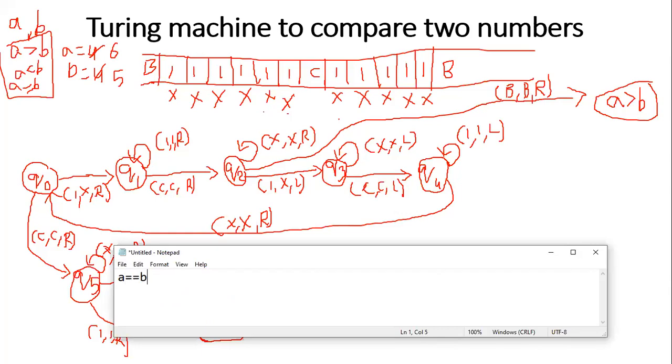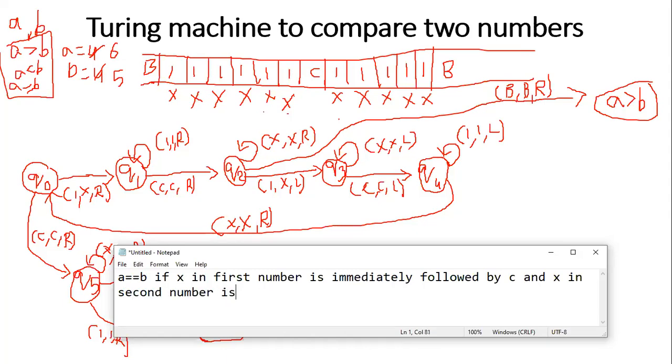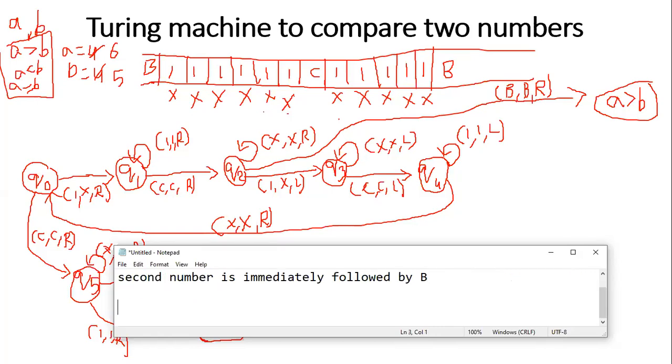A is equal to B if x in the first number is immediately followed by C and x in the second number is immediately followed by blank space. This is for A is equal to B. What is the condition for B greater than A?